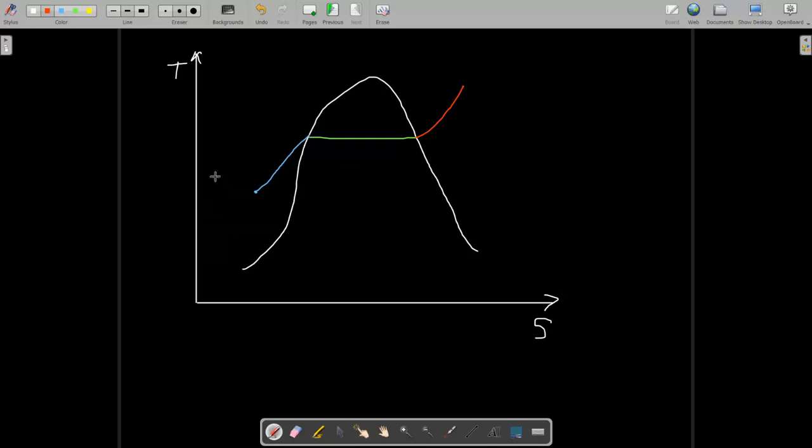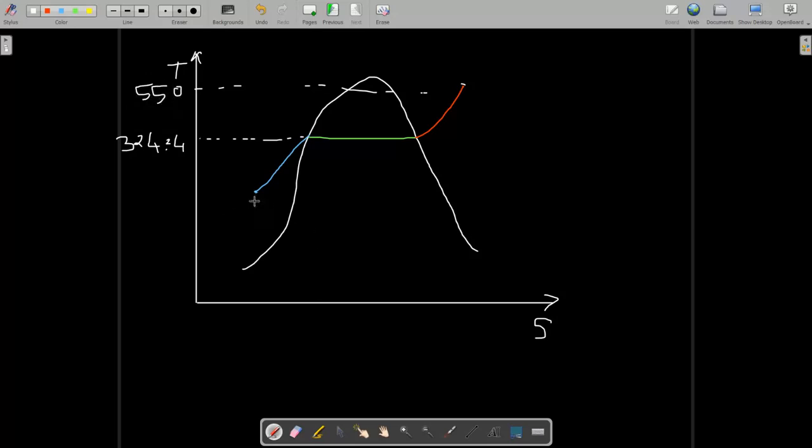This is the saturation temperature, 324.24 degrees Celsius, and this is the final temperature, or superheated temperature, that is given to us as 550 degrees Celsius.